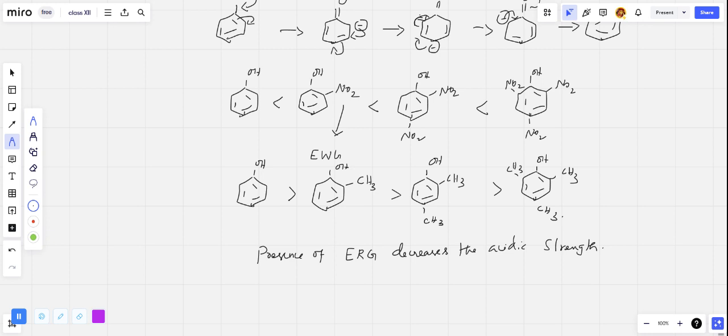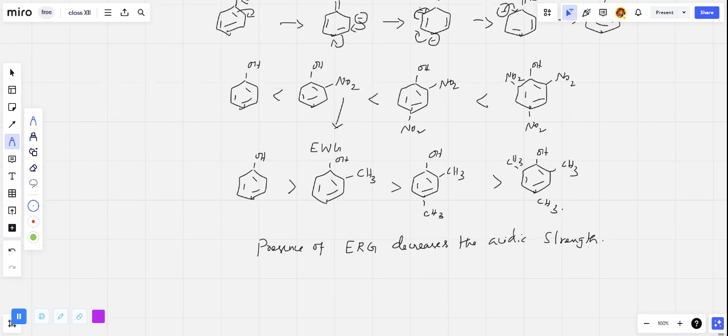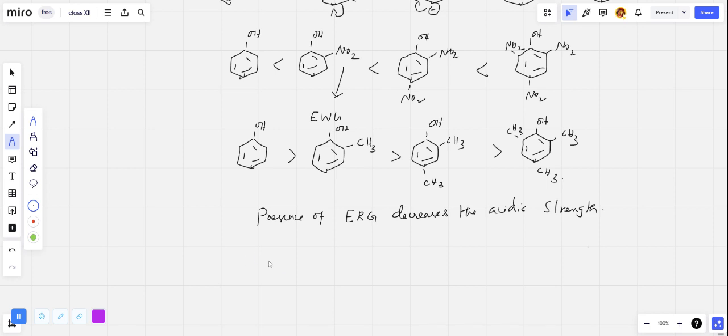So this is all about the acidity of phenols. The acidity of phenols and the acidity of alcohols are very, very important. Water is more acidic than alcohol, phenol is still more acidic, and then the phenol with an electron withdrawing group.